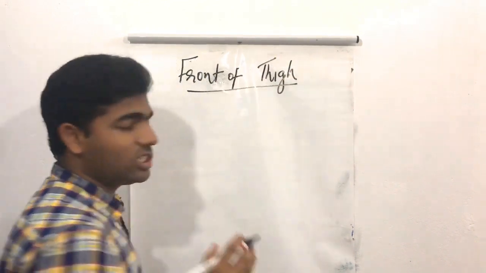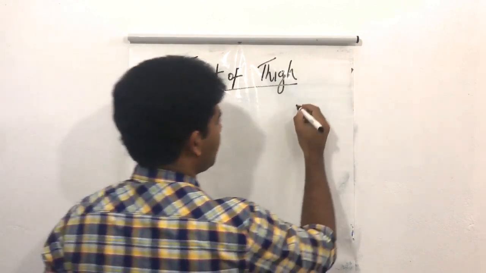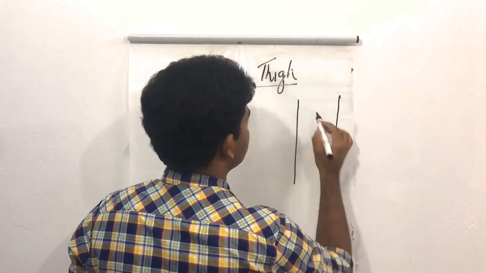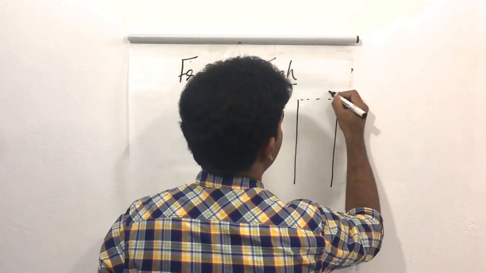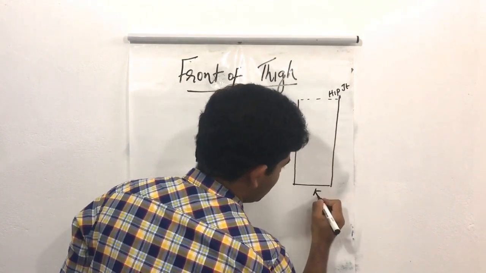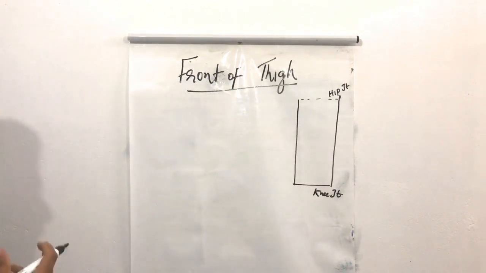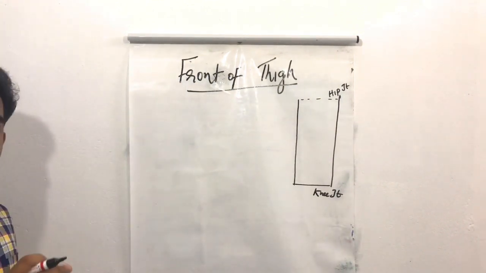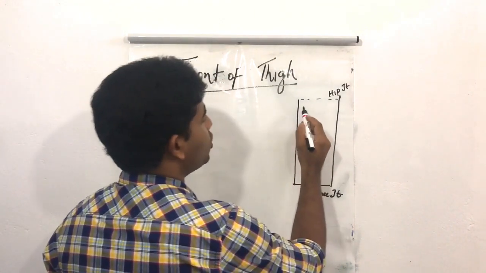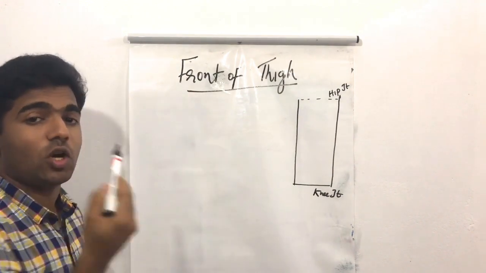So when I tell you the term thigh region, what comes into your mind? The thigh is a region between the hip joint and up to the knee joint. When you discuss the thigh, we are going to discuss the front of the thigh.